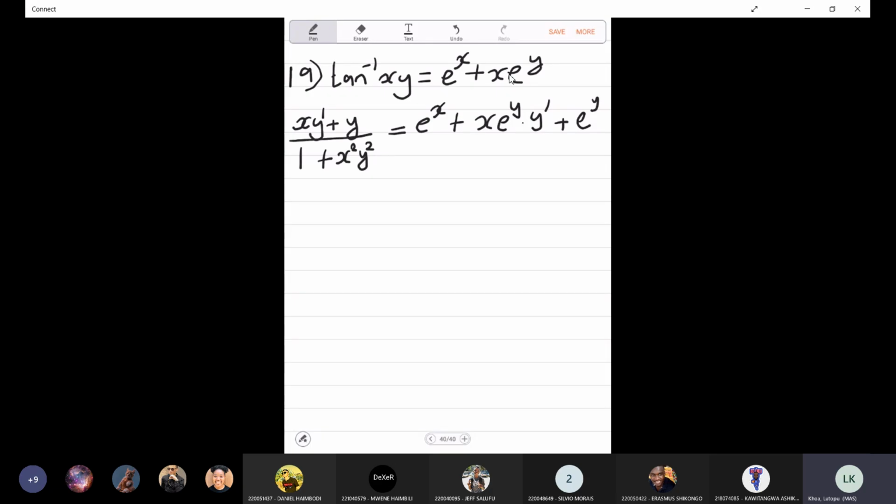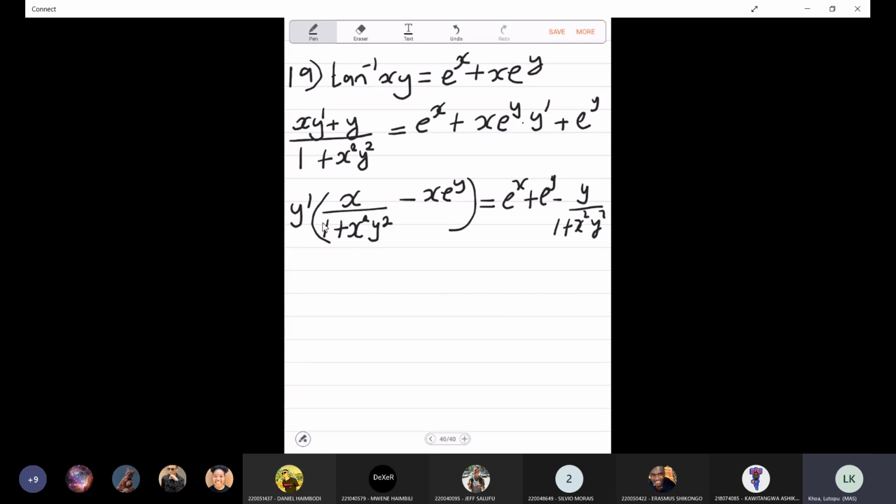Okay, from there we want y prime to be the subject. So we collect all the terms with y prime on one side, everything else on the other side. So I'll have y prime times x over 1 plus x squared y squared minus x e to the power of y, and this is equal to e to the power of x plus e to the power of y minus y over 1 plus x squared y squared.